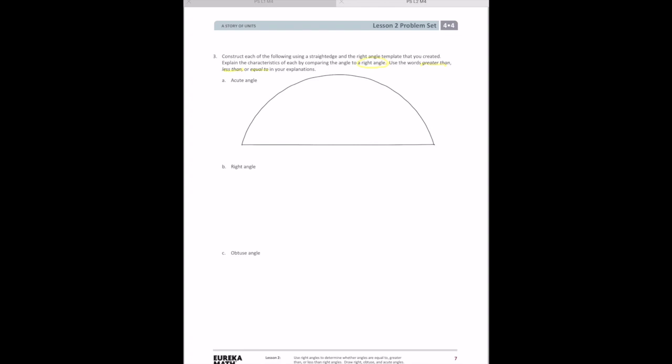So it's asking for us to explain what an acute angle is using our reference angle of the right angle. So if you use your protractor here, you're going to see that we can identify that particular center point or reference point right there in the middle. And if you can see, I'm going to fill that and shade it in, okay? So that's going to be our anchor point.